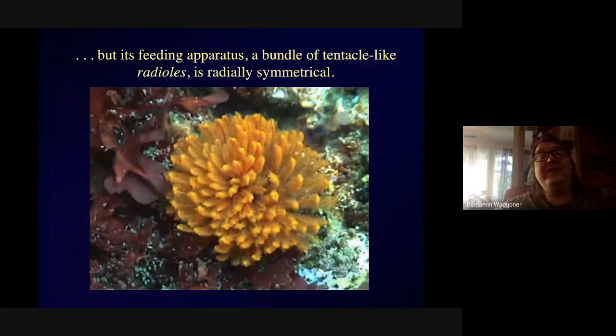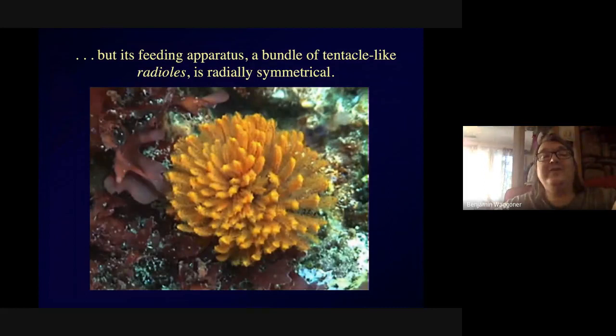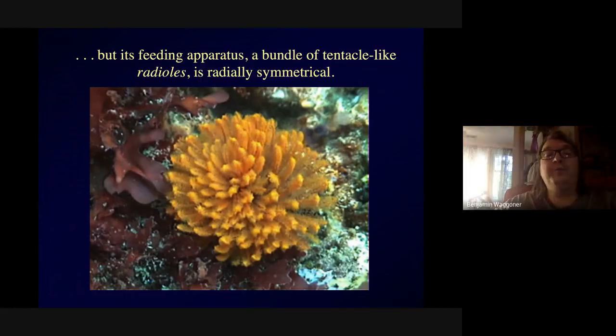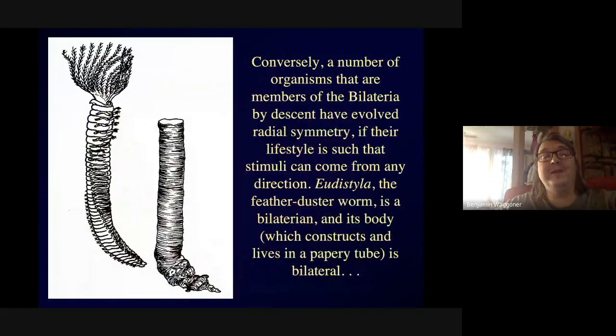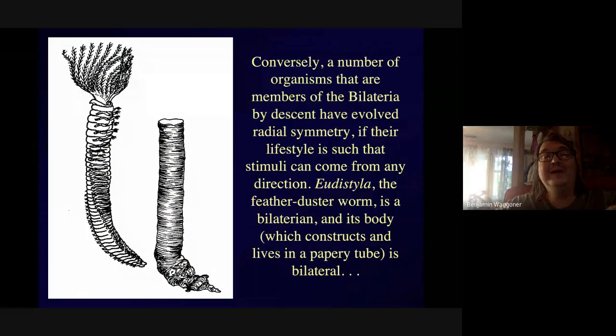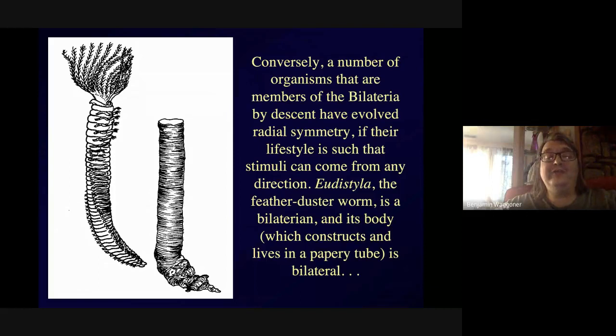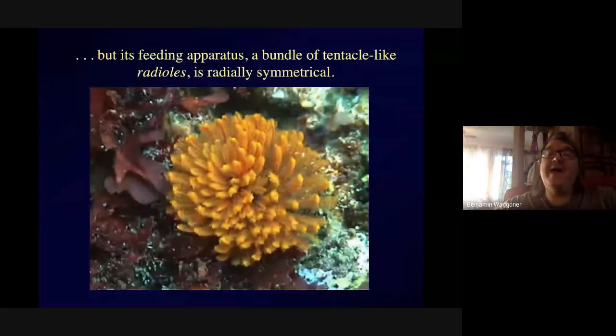And it sticks a whole bunch of tentacle-like feeding organs called radioles out of the tube. So the actual body of the worm is deep in that tube, and the only part that comes into contact with the outside is that bundle of branched tentacle-like radioles. And that bunch of radioles is basically radially symmetrical.